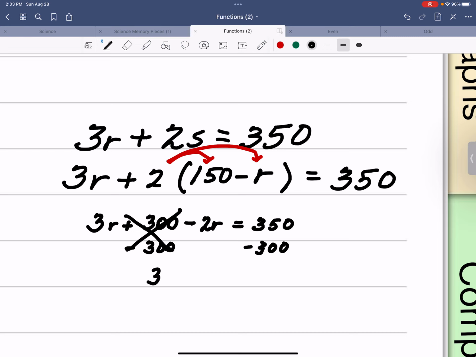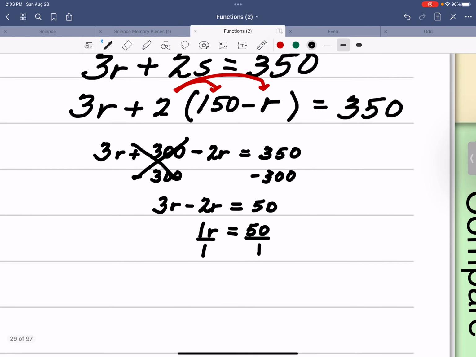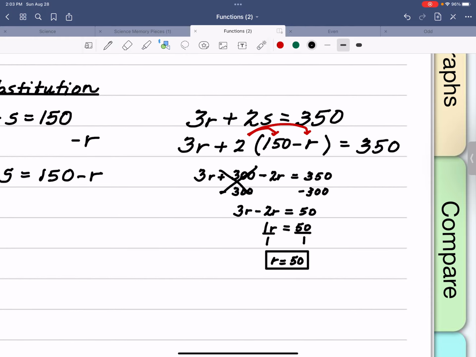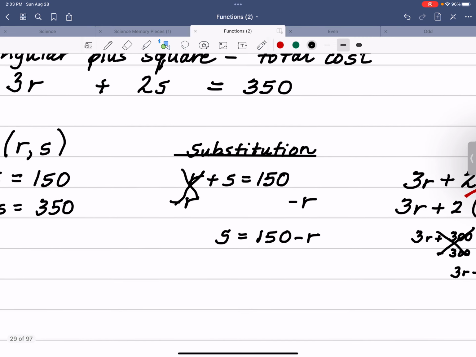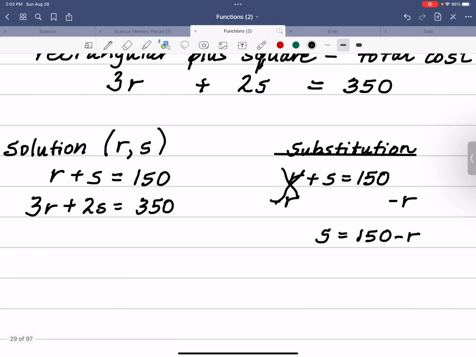So I'm left with 3R minus 2R is 50. So I'm left with 1R is 50. And you could let that ghost one float away, or you can divide it through. It doesn't matter. So R in my solution is 50. All right. So let me bring that back over here to my solution.